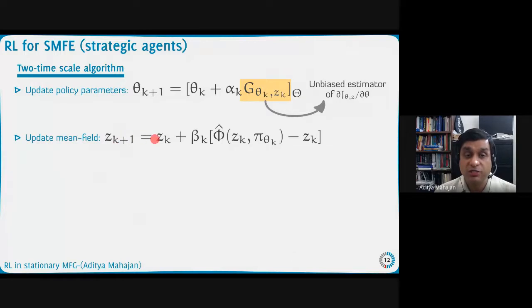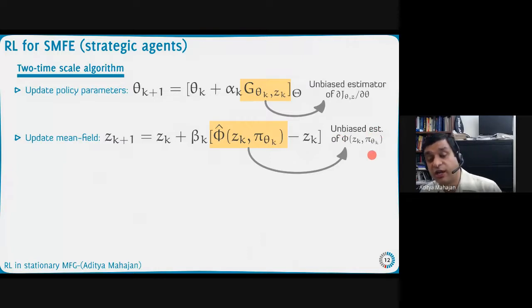So the new mean field is the old mean field plus beta k times an estimate of the stationary distribution if I follow strategy pi theta k, minus what the current distribution was. So this difference is some form of an estimate of the gradient of the stationary distribution. And here by theta hat k, I mean an unbiased estimate of the stationary distribution that I would get if I follow policy theta k.